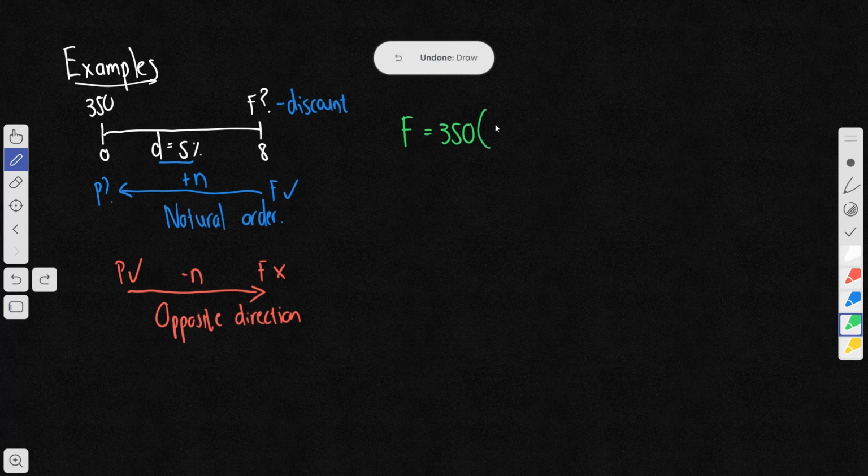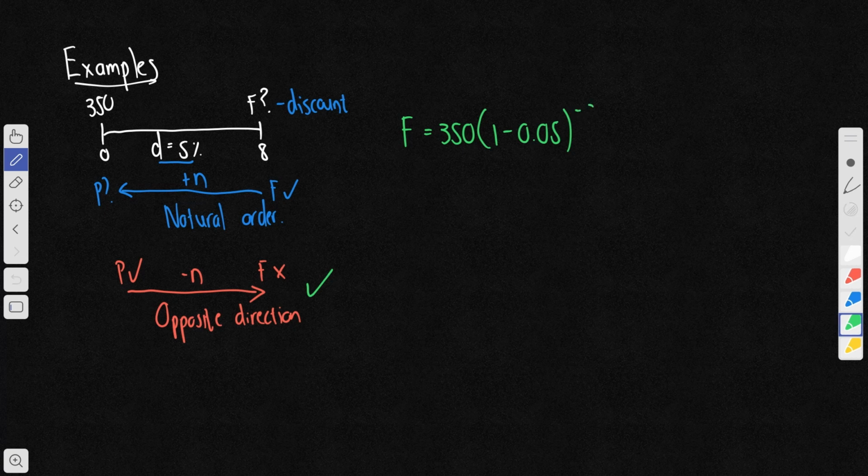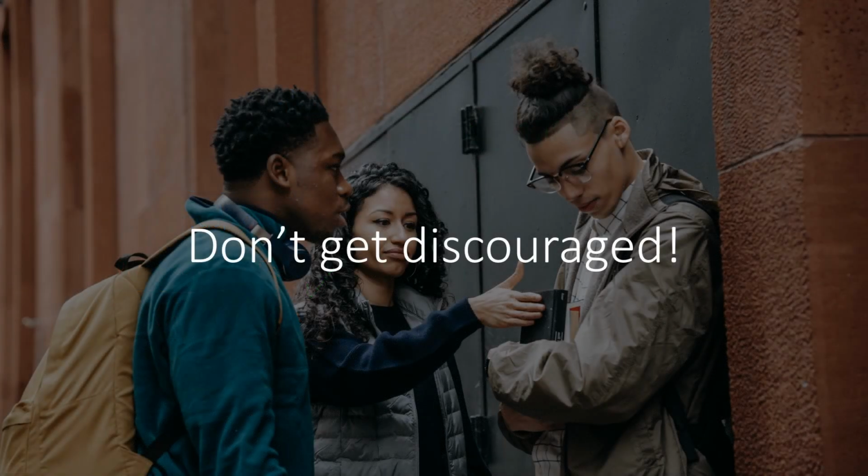We know that we add interest, but that we subtract discount. And then finally, we use this cheat sheet at the bottom. We're looking at scenario 2, so the exponent is -8. When you work out the numbers, it's $527.57.